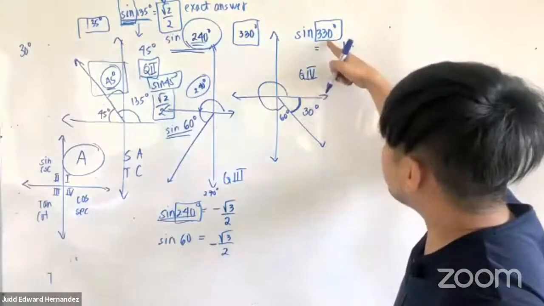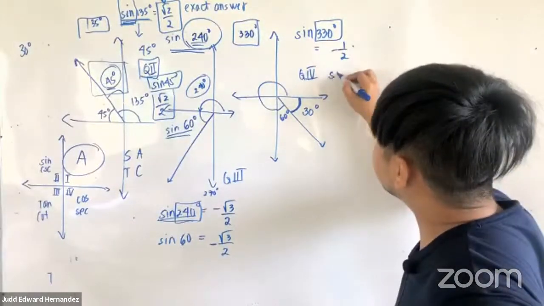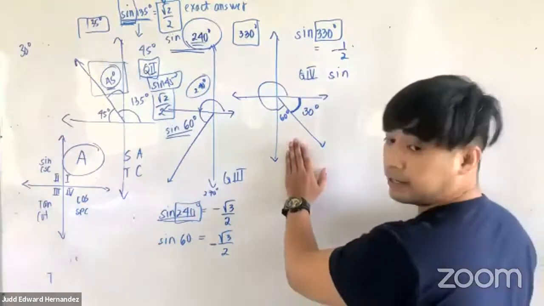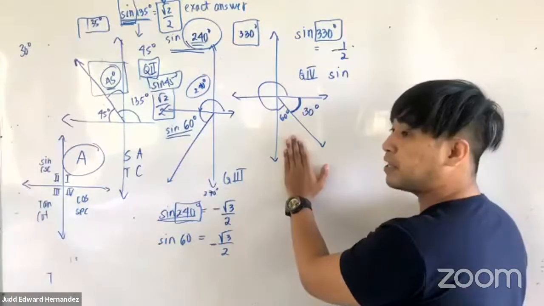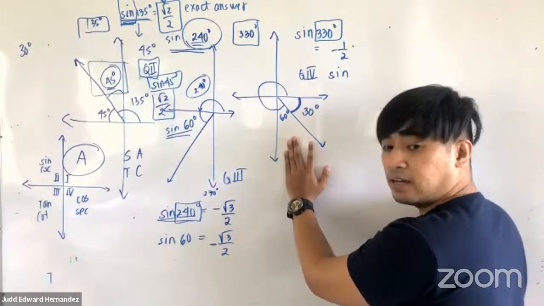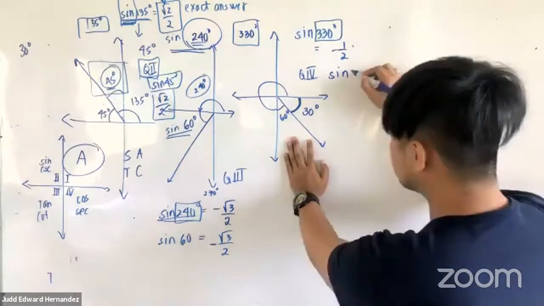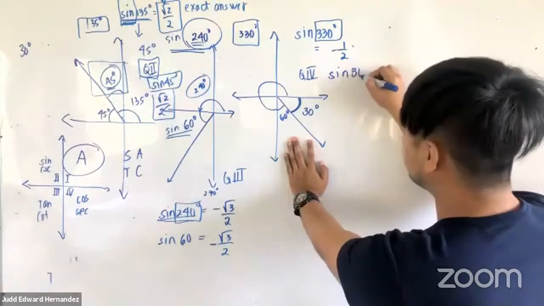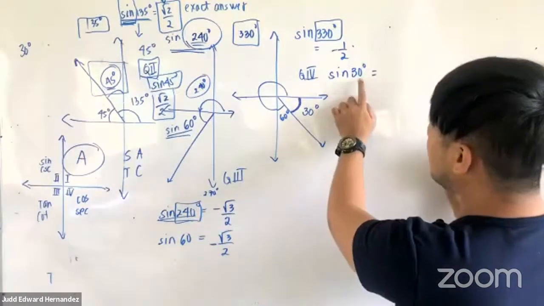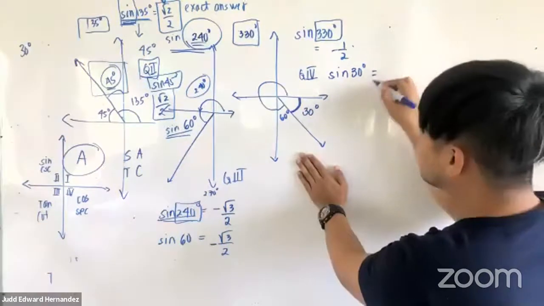Since this is 330 degrees, what is the reference angle na kinuha natin kapag 330? Yung nandun po sa pagitan ni terminal side at ni x-axis. Ano po ginamit nating reference angle? That should be sine 30 po. Okay. At alam natin na dapat si sine 30 should be positive or negative?